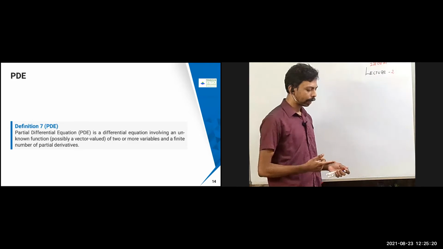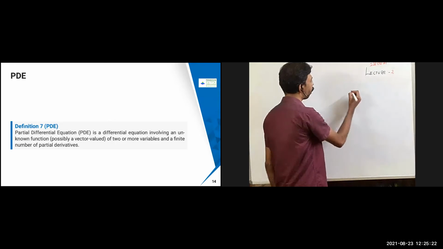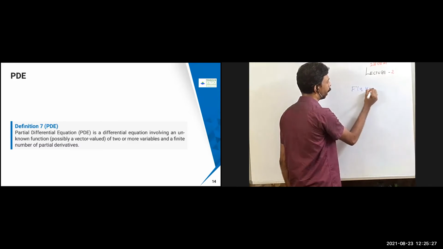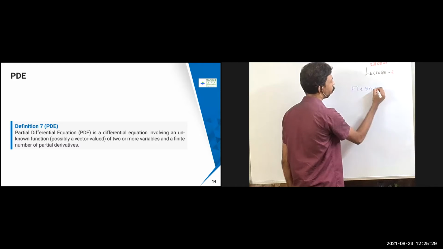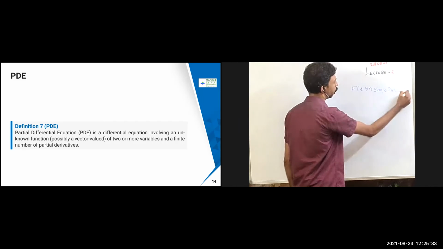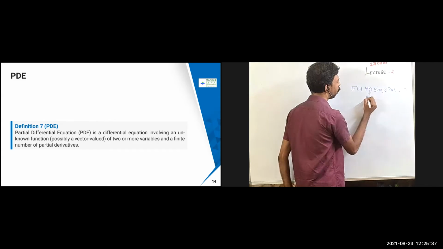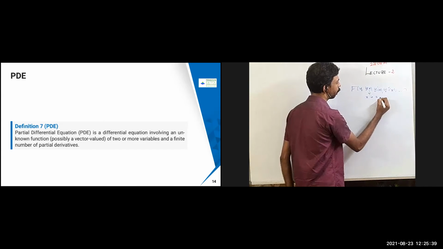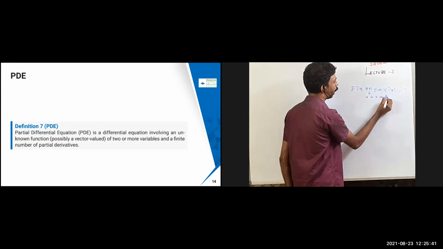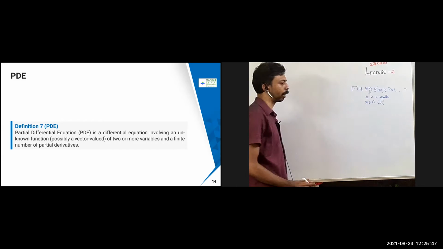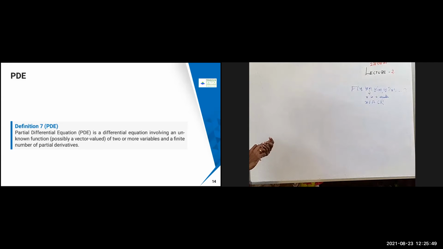But in the case of ODE, you have a function like f of y comma y of x comma y dash of x comma y double dash of x, etc. In the case of ODE, this x is a scalar. That is, x belongs to omega, which is a subset of R. It's an independent variable.